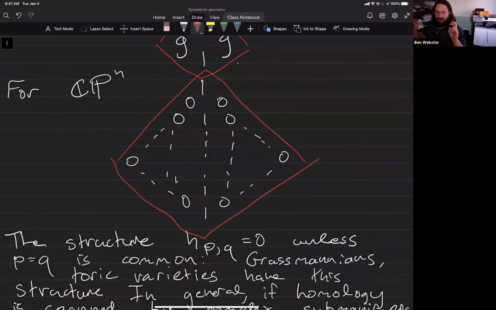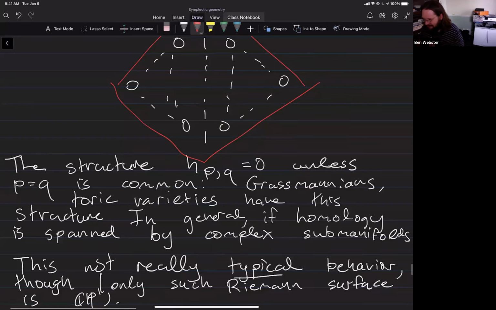This is what's called a pure Hodge structure. Well, not just pure, there's some other fancy name for it, but it's a very boring Hodge structure. But many varieties you might have heard of have this structure. If you know about projective varieties, maybe the second one that would come to your head is Grassmannians. Grassmannians also have this structure of everything being in the middle.